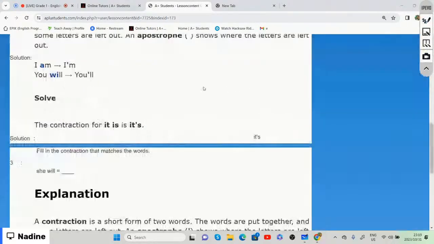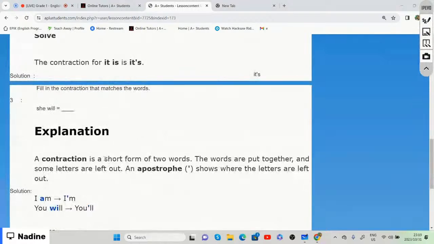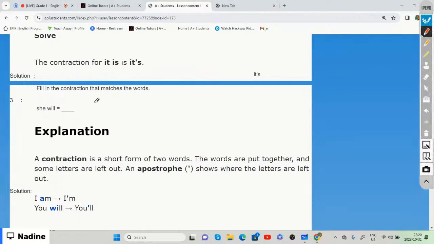She will. If we look specifically at that, she will. If we write that in the form of a contraction, then we have she and will. Remember, we said that we are removing certain letters.